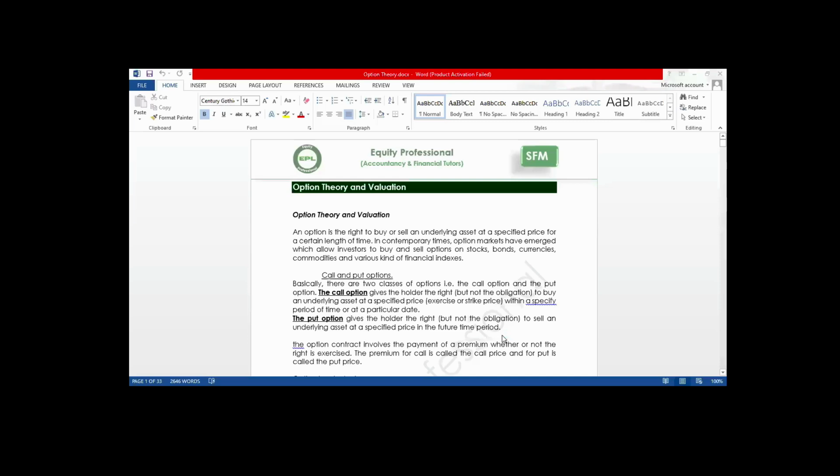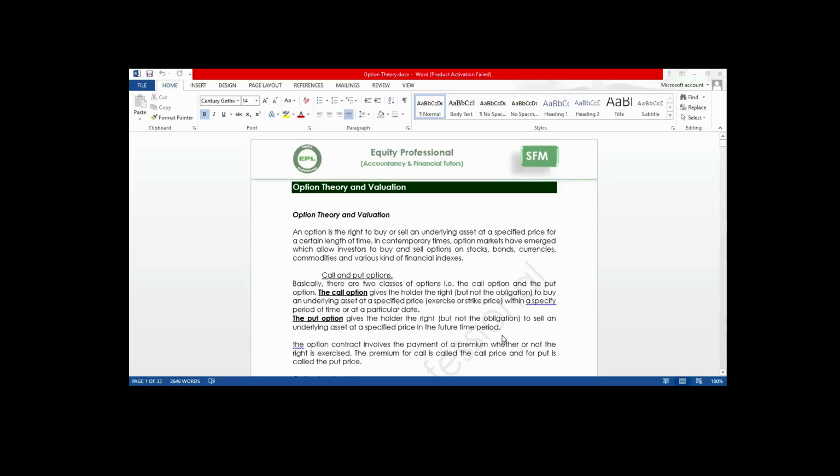The word option is defined as the right to buy an asset or to sell an asset at a pre-specified price.